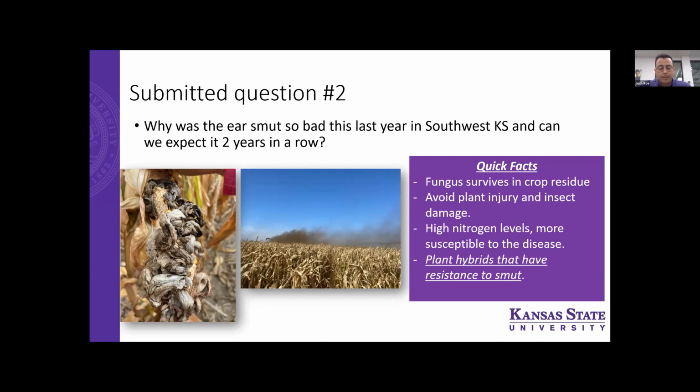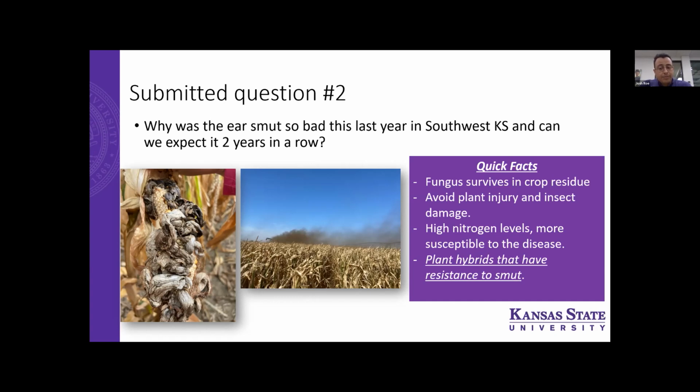There was some dust storm, and later in the season, there was a hail event too. Anything that causes an injury or insect damage to the plant makes it susceptible to corn smut. And this fungus survives in crop residue. So if you're doing corn on corn and have had corn smut problems in the past, then definitely make sure to try a rotation or even select a good hybrid with good resistance to corn smut.